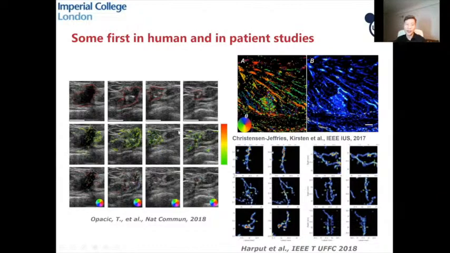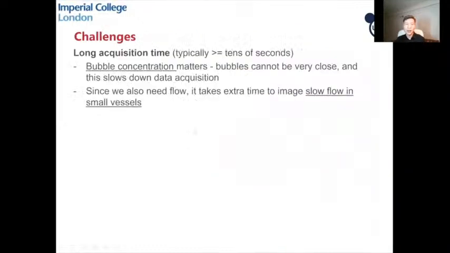This is a report of super resolution imaging on a human breast cancer patient. And this is a report of super resolution on the microvasculature in human lower limbs.